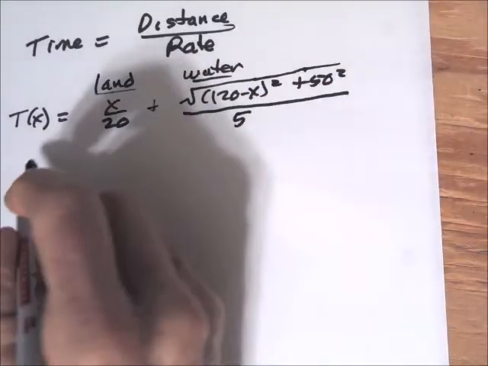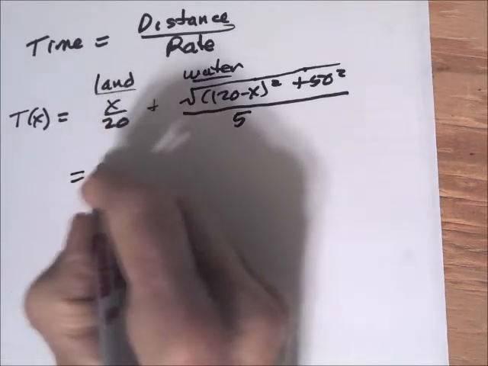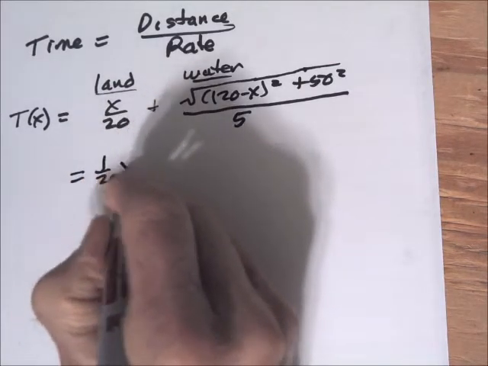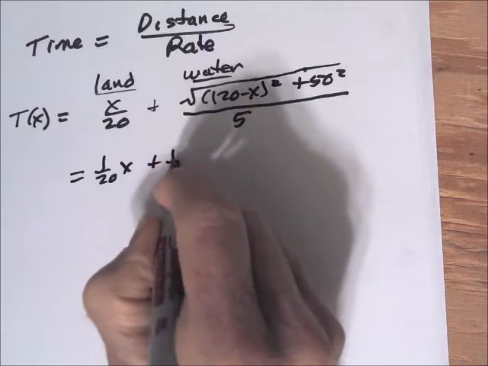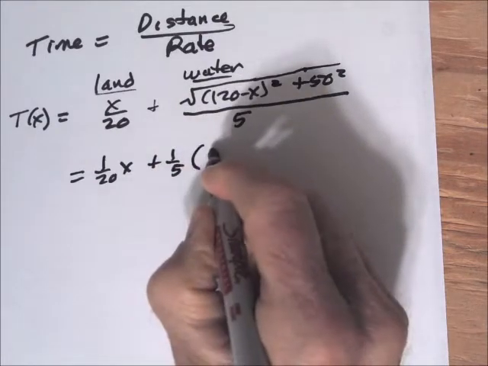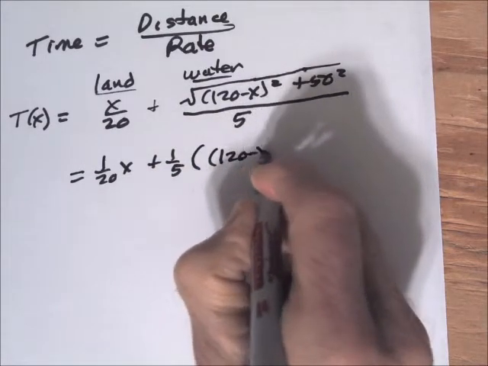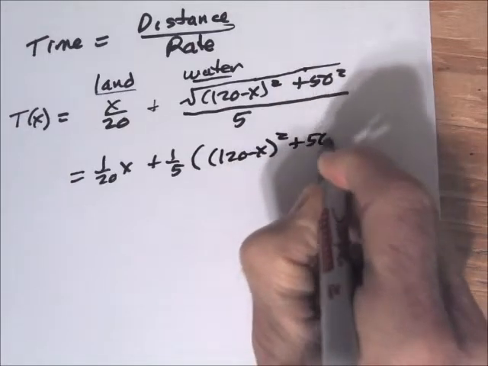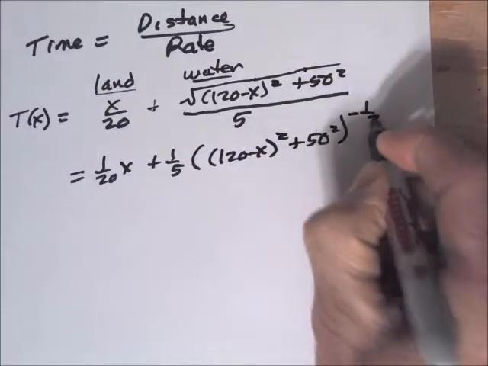Okay, so I'm going to write this a little bit differently. This is 1 over 20 times x plus 1/5 times the quantity 120 minus x quantity squared plus 50 squared to the 1/2 power.